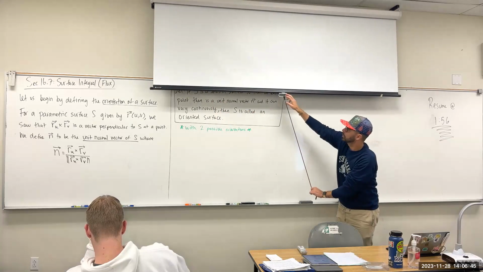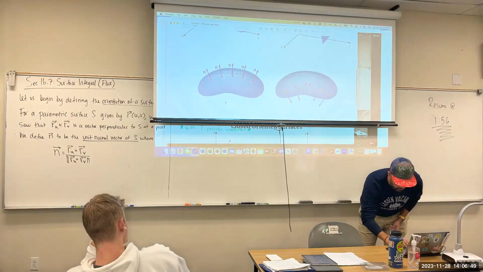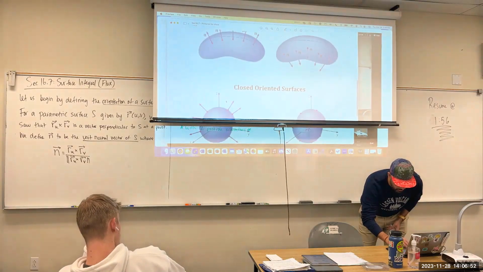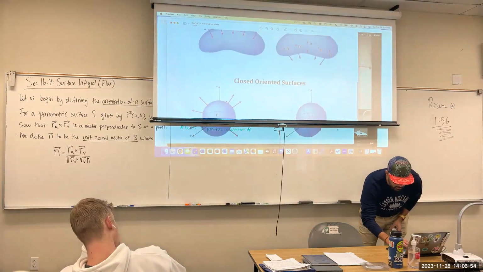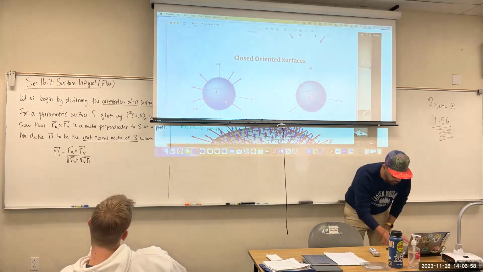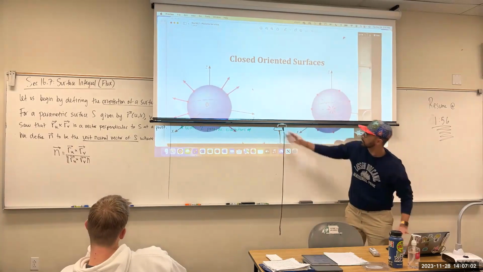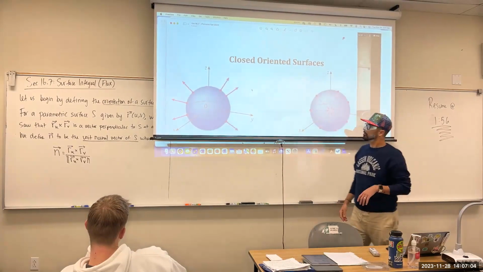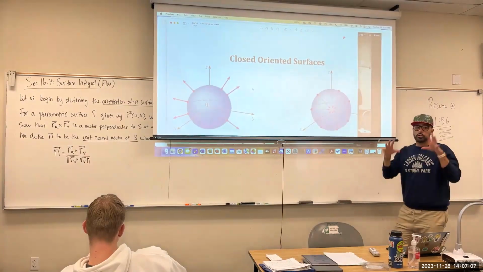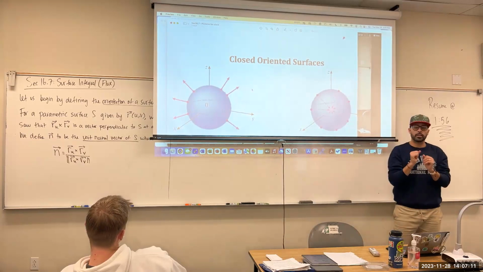Are there surfaces like spheres? Surfaces like this one here, like these two, where they're going to be closed off. Okay? Closed off. We're going to define that in a little bit.